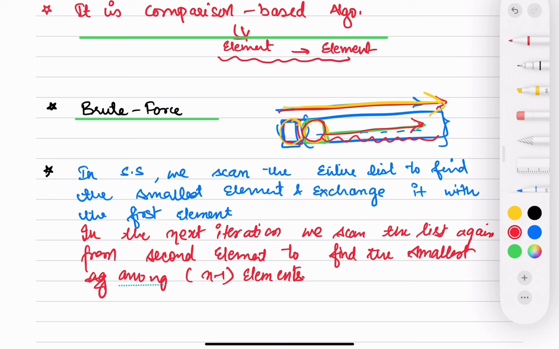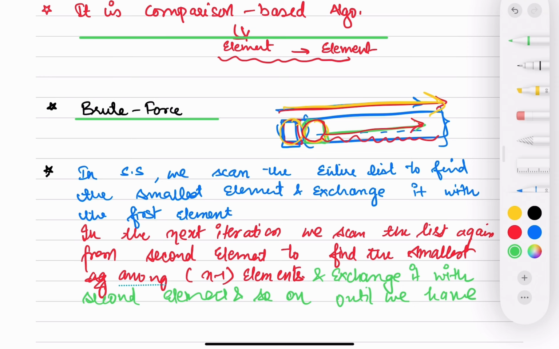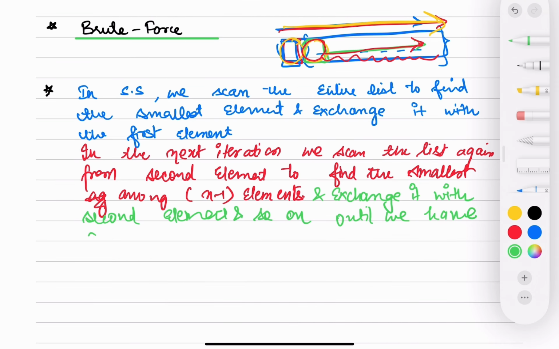Then exchange it with the second element, and so on. Like this I will keep repeating until I have only one element left, right?